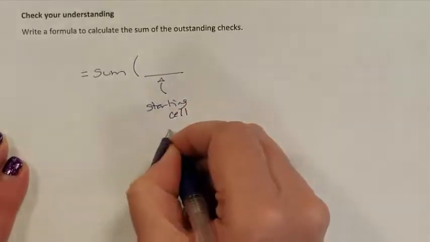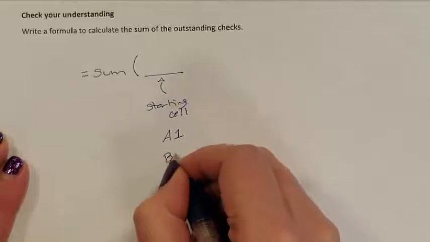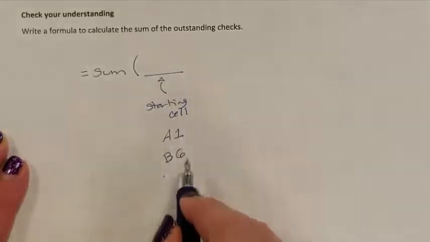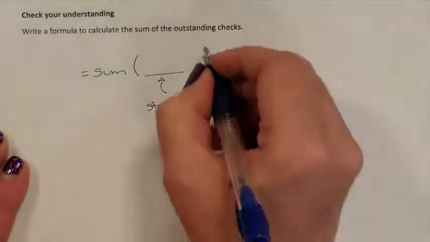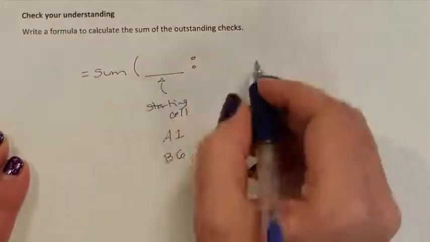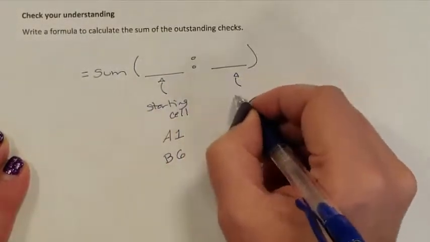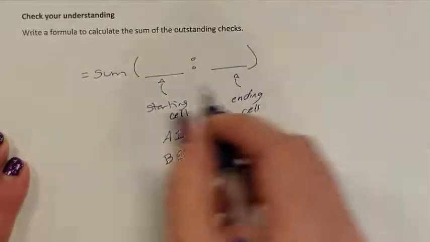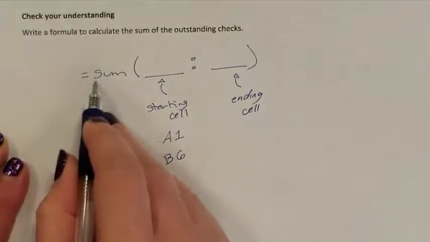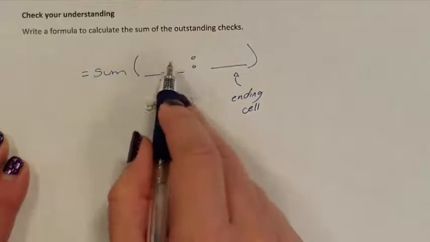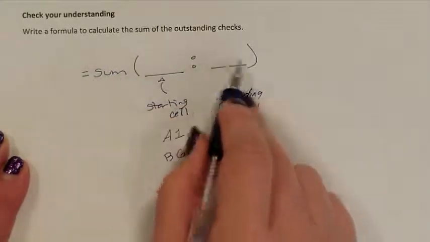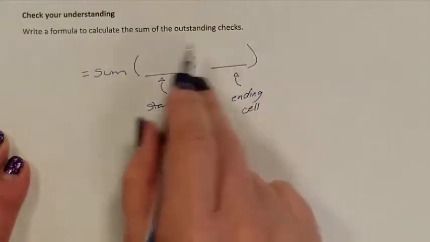So for example, you might write A1 or B6. It's the number of the cell that you're starting to add. Put a colon, and then type in the ending cell. So this says, hey, figure out the sum starting from here and going all the way to here. This is the formula you would type into any cell to find the sum of something.